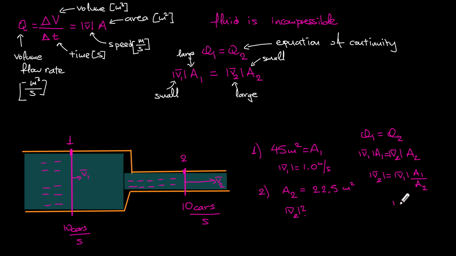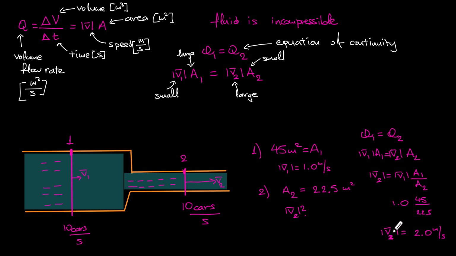Now we said the speed at 1 is 1 meter per second, the area at 1 is 45, the area at 2 is 22.5 meters squared, and because 45 is 2 times that, the speed at location 2 will be 2 meters per second.